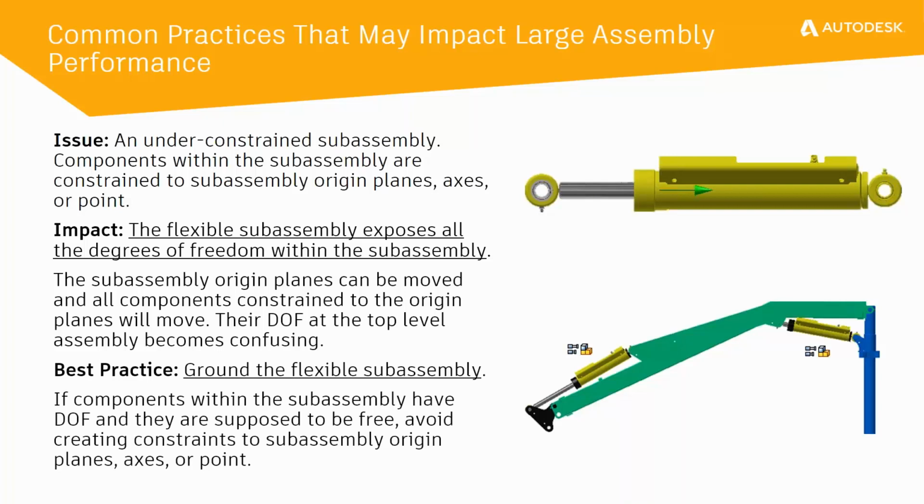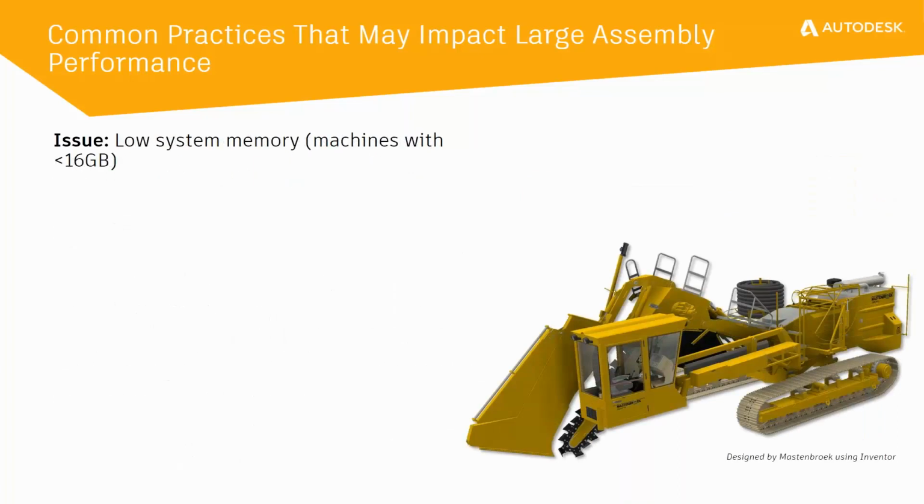A best practice for avoiding the challenges associated with this is to ground that subassembly. So where possible, try and avoid having all these flexible subassemblies contained inside of your assemblies.